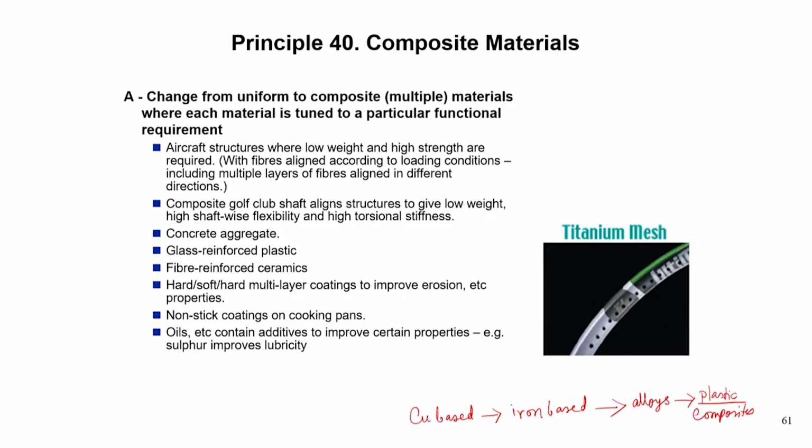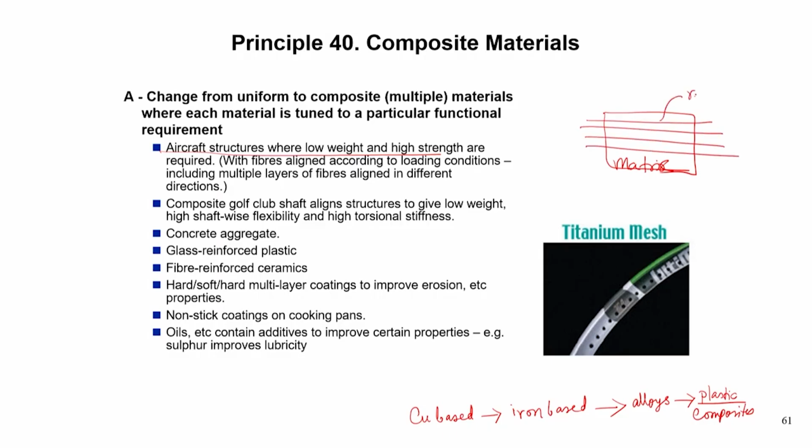Start with, say, aircraft structures, where low weight and high strength are required. So, what is basically a composite is that, instead of one material, you have more than one material, in which we call one material the matrix. So, let us say this is the matrix, the base material, and it is cheap and weak, and this material is further reinforced by some very strong material.